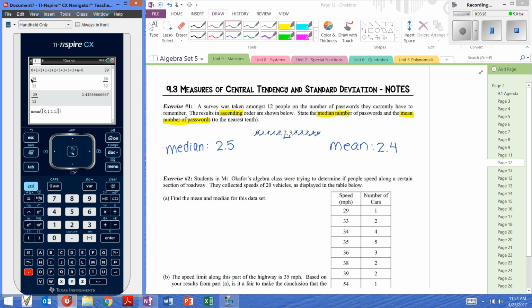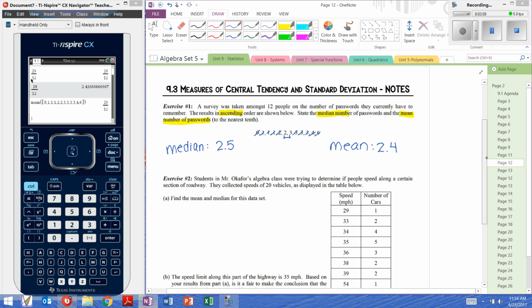There's 3 ones, how many twos? 2 twos, 4 threes, 1 4, and 1 6. And push enter. You also are going to get 29/12 as your answer, and you can change that to a decimal however you wish. But that's just another way to find the mean if you don't want to add up all the numbers and then divide by the total if you're not sure how many there are.